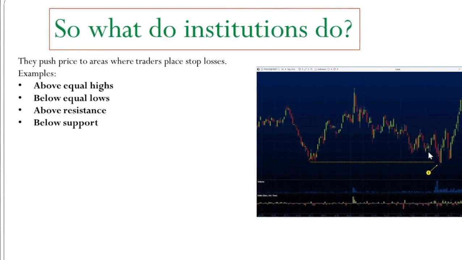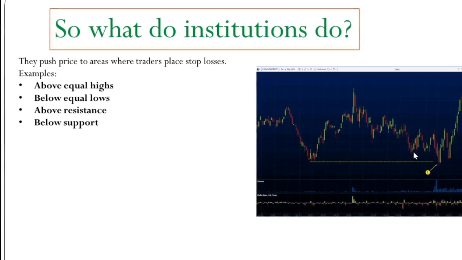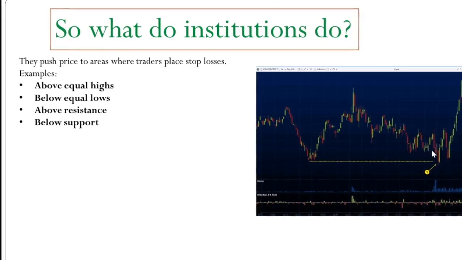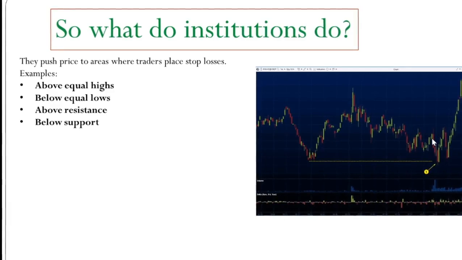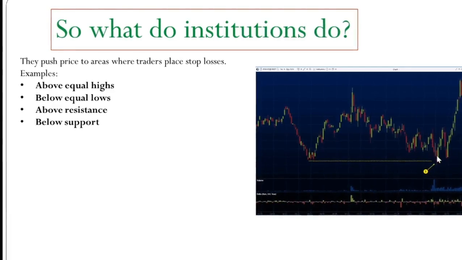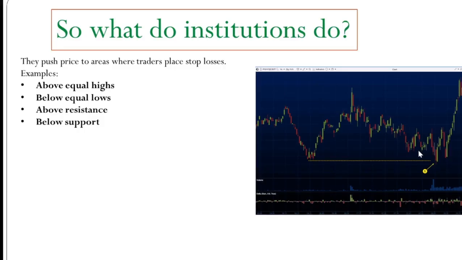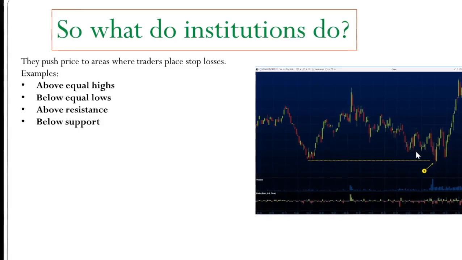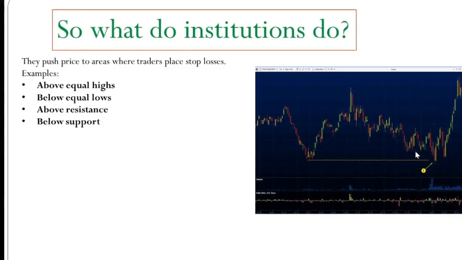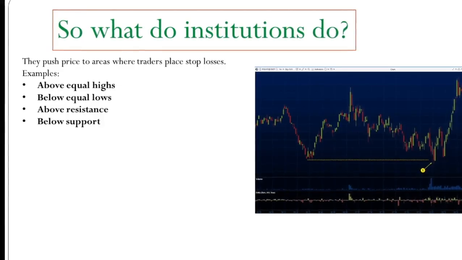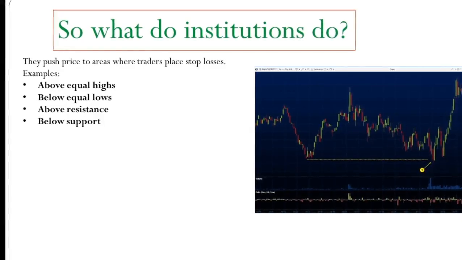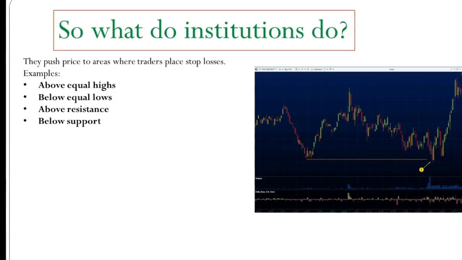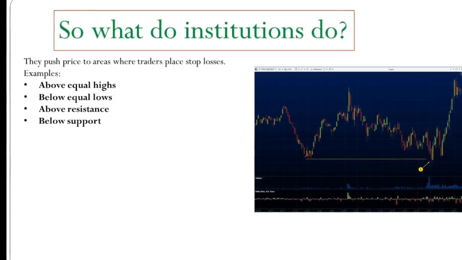I've taught you guys support already, so you should understand that. Once they create a fake support at this point, they push price below this point. This is below equal low. So they're going to push price above equal high or below equal low, above resistance or below support. That's what institutions will do.